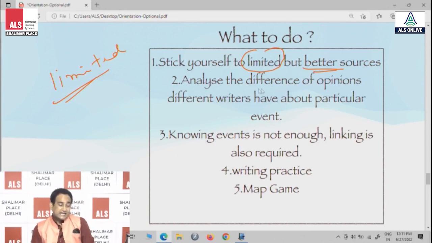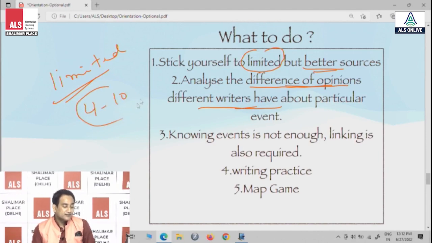Second thing, analyze the differences of opinion different writers have. In one dimension, I will give you suppose 4 or 10 views. You have to appreciate those views properly, which view can be accepted, which view cannot be accepted. Suppose when I discuss Bhakti movement, I will give you 3-4 ideas.